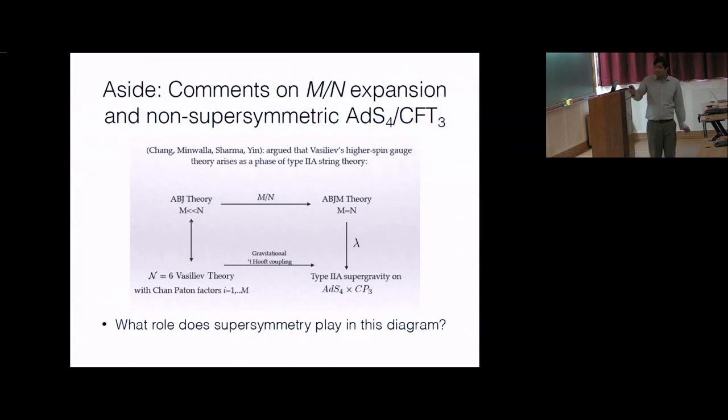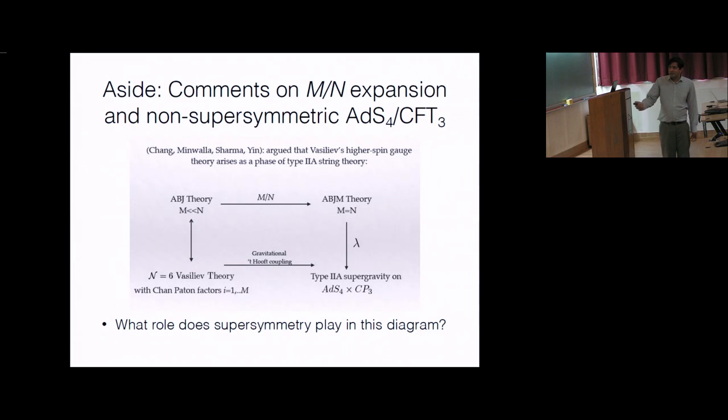Okay, but let me just say that exact same thing slower for everyone. So again, recall the picture for ABJ. When M is much less than N, it's a vector model with Chan-Paton factors, i equals 1 through M. And when M over N increases, it's ABJM theory, which is dual to Einstein gravity.